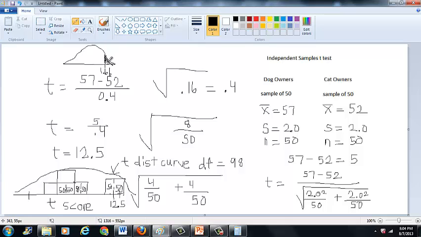And everything above that will be the rejection region. So in my example, our t-score was way above 1.66. It came out to 12.5. So our outcome is actually way into the rejection region. It's somewhere way up here, 12.5. So 12.5 will definitely let us reject the null hypothesis because it's definitely above 1.66.